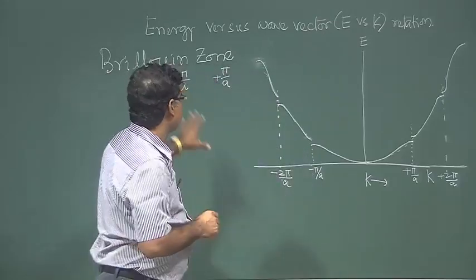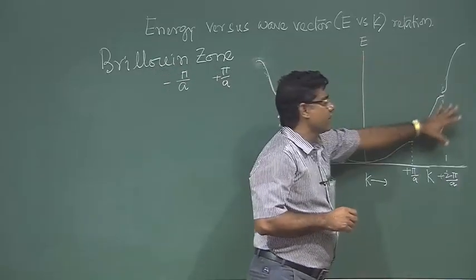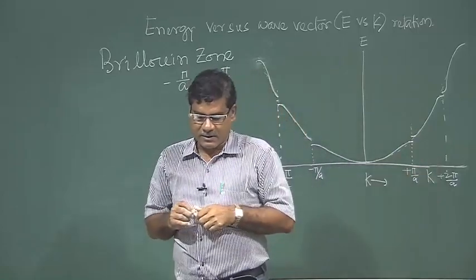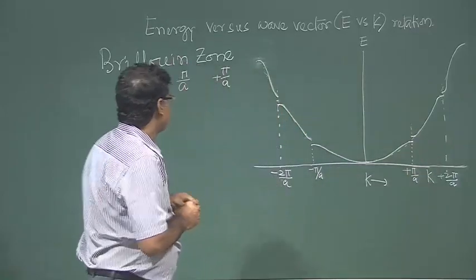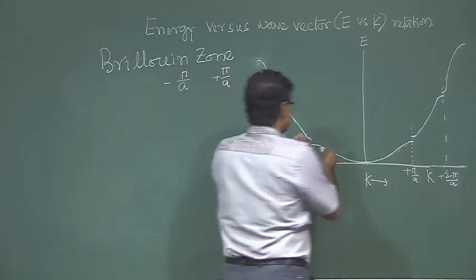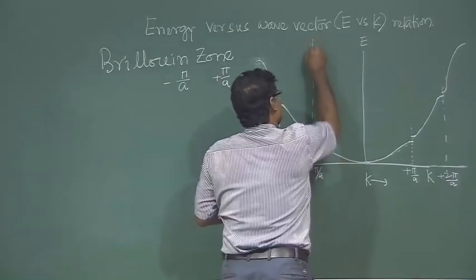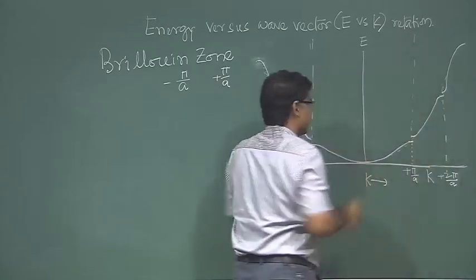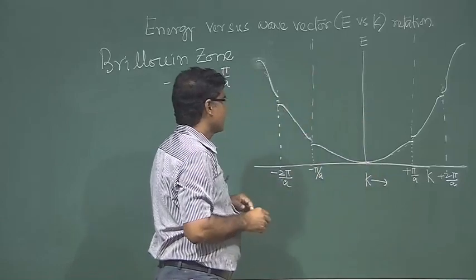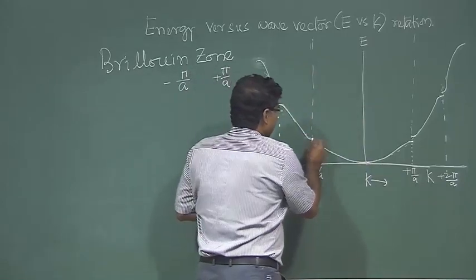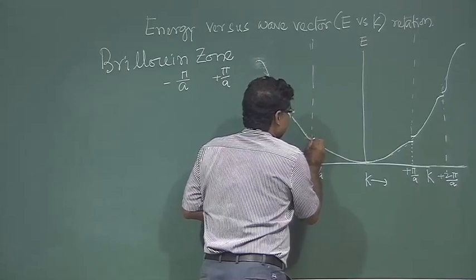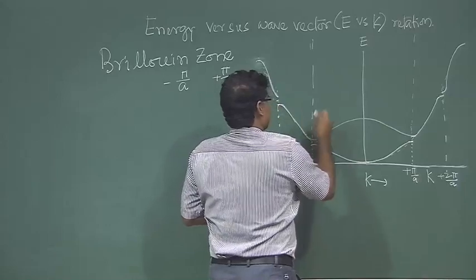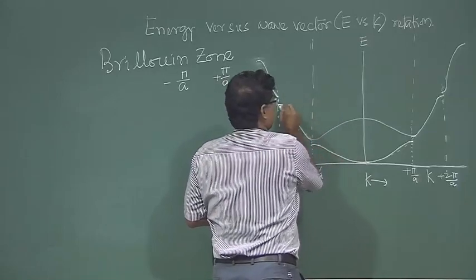This curve contains all the Brillouin zones, and it is called the extended zone. Now it is possible to reduce all these zones into the first Brillouin zone. So, the second Brillouin zone is like this, the third Brillouin zone is like this.